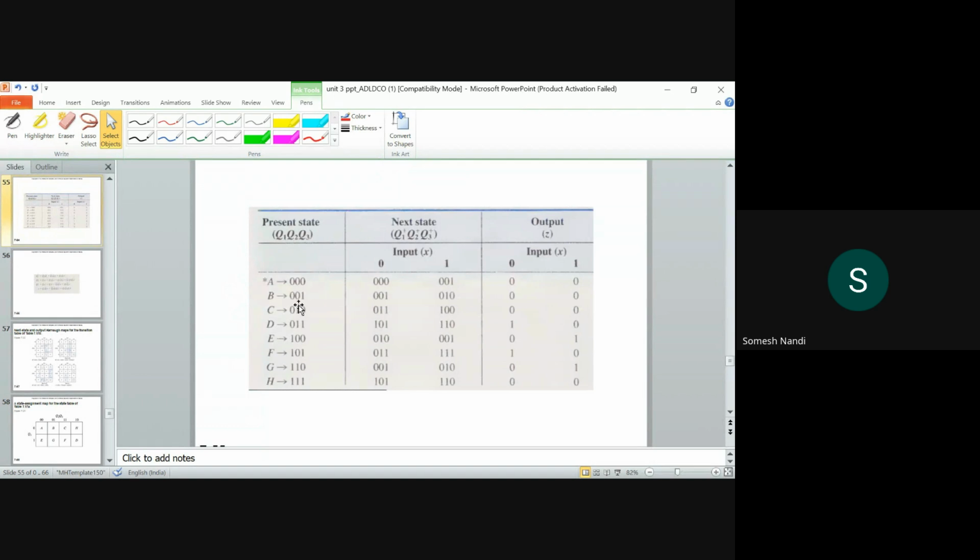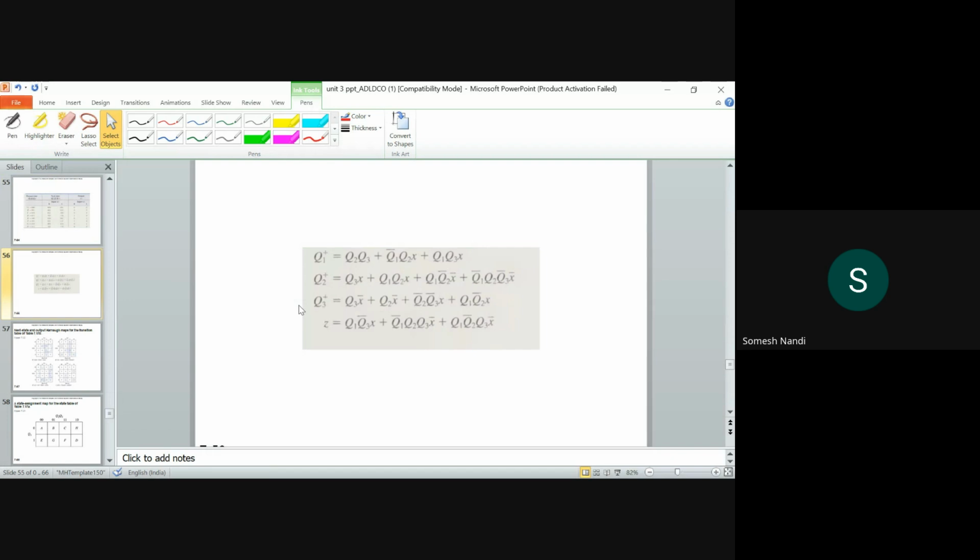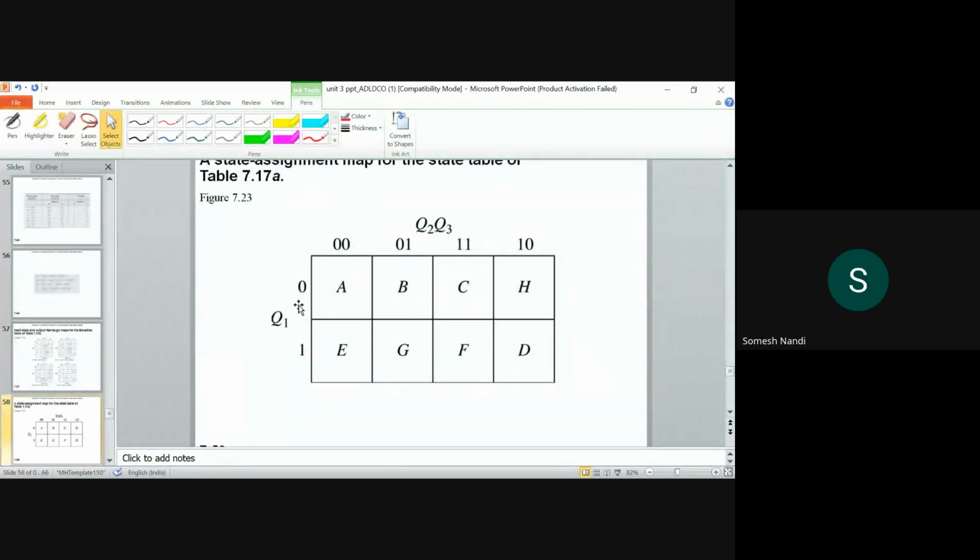Now, if you just see this table, see what all we had as our state assignment. If you just see rule 1, what all we had? We had BG 2 times, correct? Then we had DH 2 times. Then we had CF. Then we had AE.